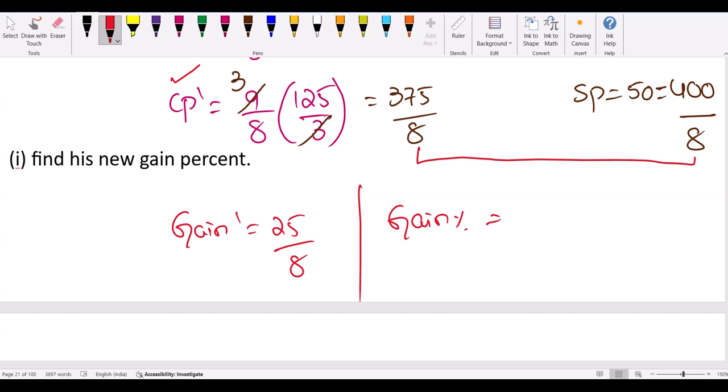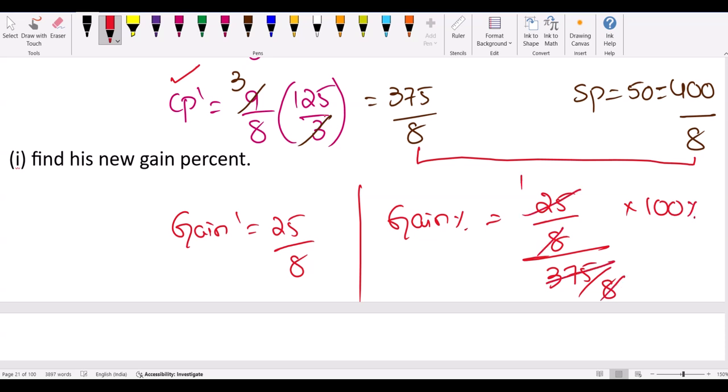So profit here is 25 divided by 8, cost price is 375 divided by 8, into 100. This cancels, 25 one time, and still 125, so 1500 divided by 75, which is nothing but 20 by 3. So the profit percentage is 6.66, or we can write 6 2 by 3 percent.